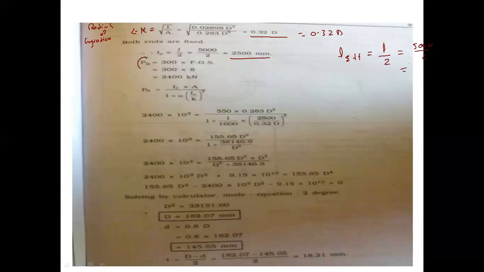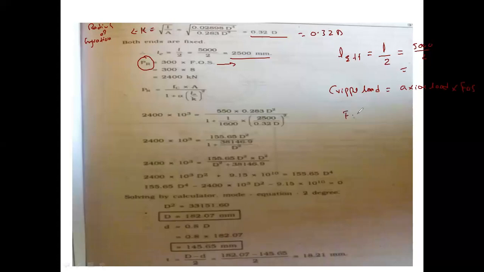PR is the crippling load. Up to now, you calculated the safe load. But now he is asking you to calculate PR. What is the formula here? Crippling load is equal to axial load into factor of safety.